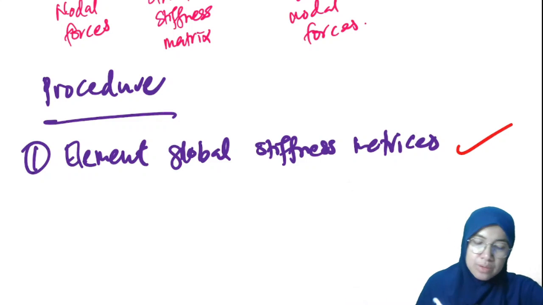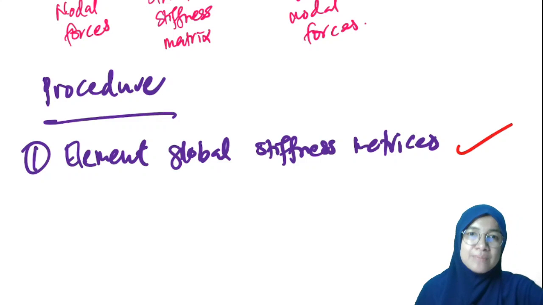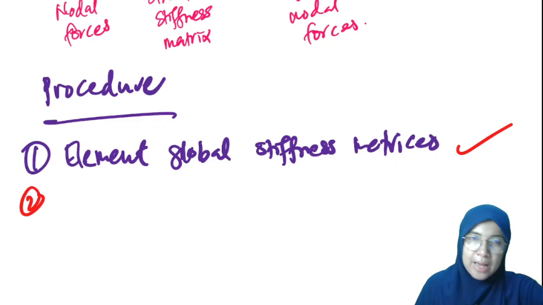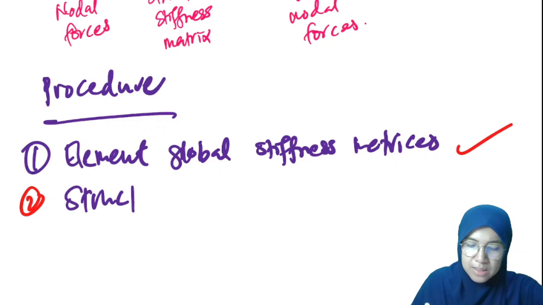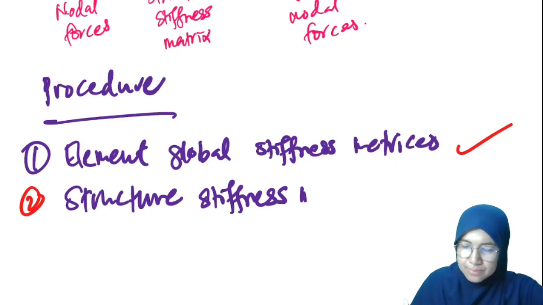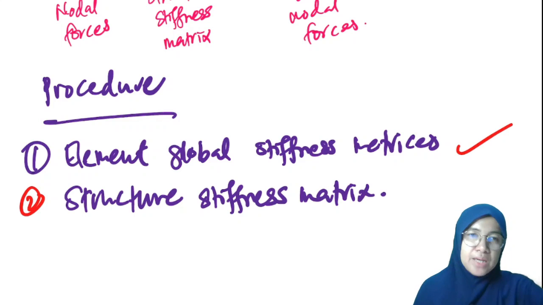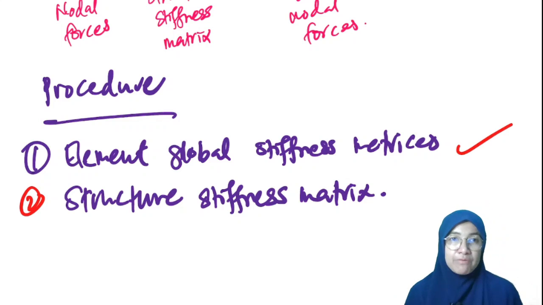Step number 2, from the element global stiffness matrices, we will have the stiffness matrix. It is called the structure stiffness matrix. Okay, this is the second step. However, this step in full is not necessary to give, unless the question asks you to do so.